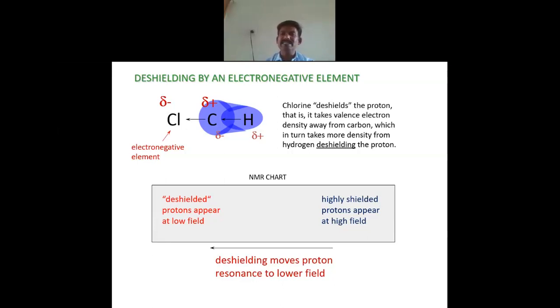When chlorine de-shields the proton, it takes the valence electron density away from the carbon, which in turn takes more density from the hydrogen. So a de-shielded proton appears at a lower field, and a highly shielded proton appears at a high field, on the right side. This de-shielding moves the proton to a lower field.